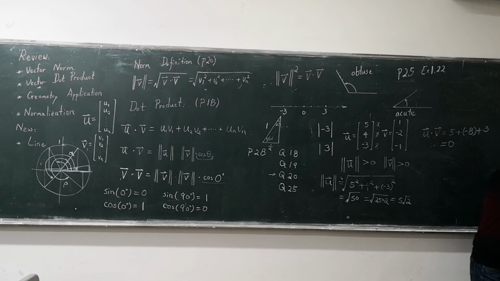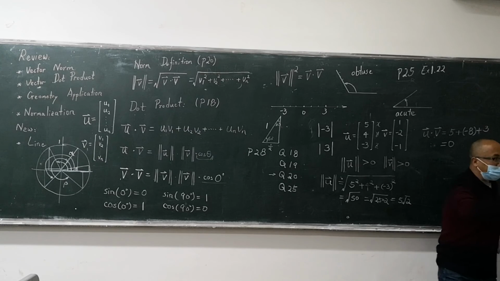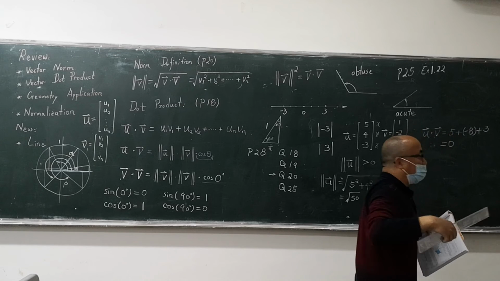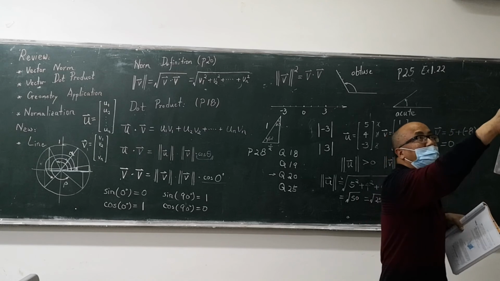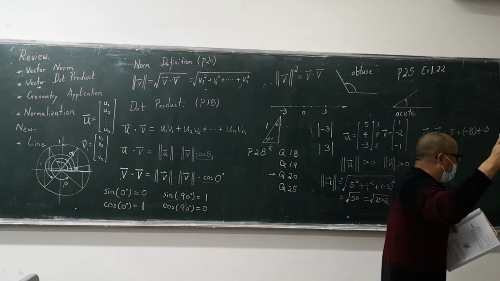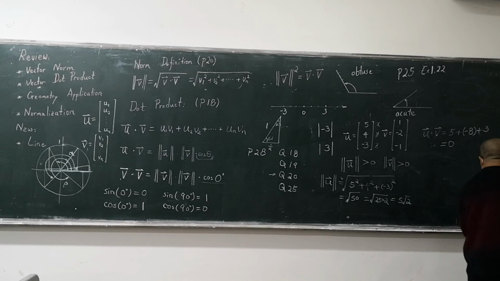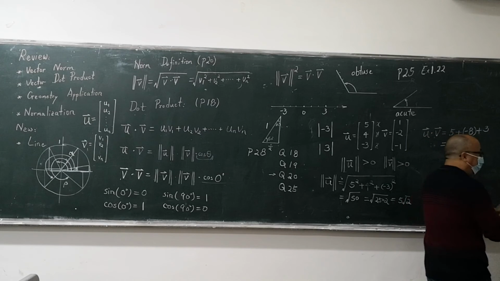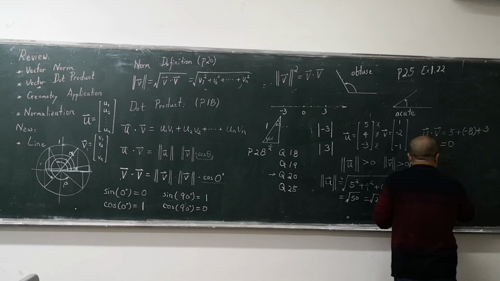First number is 0. And the second number is 1. It's moved over there. The third number is also 1. So this vector from the origin to that corner is 0, 1, 1.